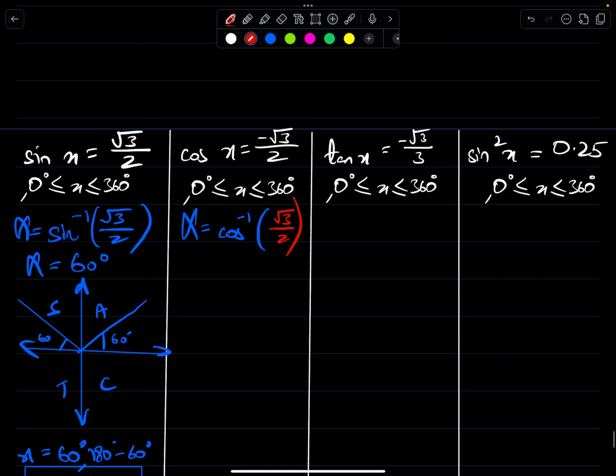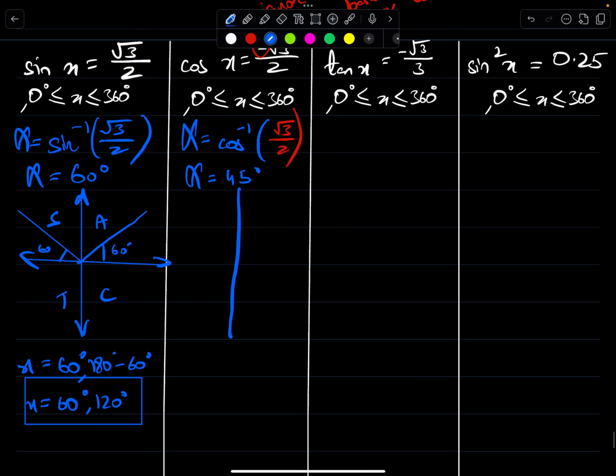I ignore the negative sign when finding alpha, because the basic angle can never be negative. My basic angle alpha turns out to be 45 degrees in this case.